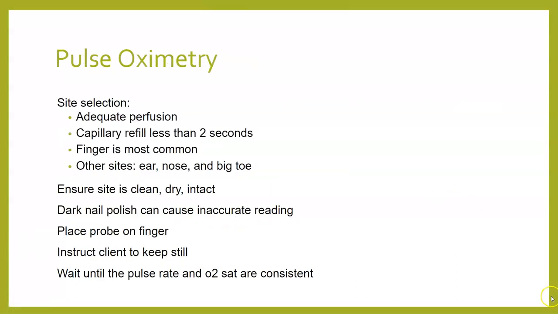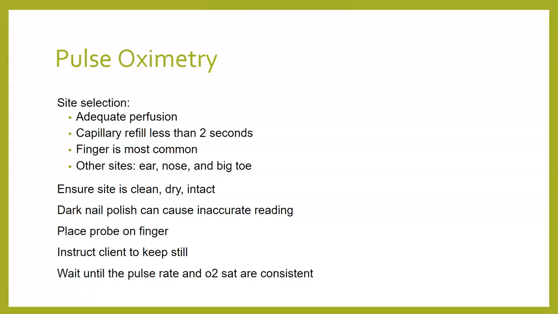Okay, so how to measure this is we use pulse oximetry. You've probably had this done before, but it's kind of like a little clamp that they place on your finger, and it measures your O2 saturation. When you're selecting a site, usually it's going to be a finger. You want to make sure that they have adequate perfusion.